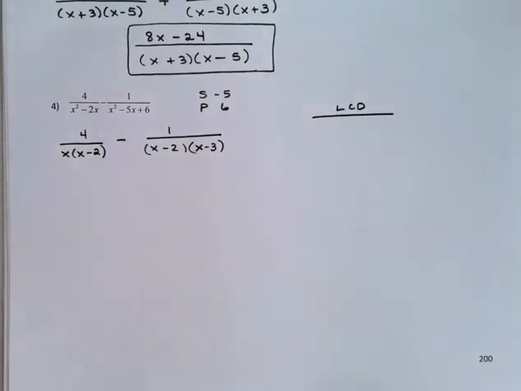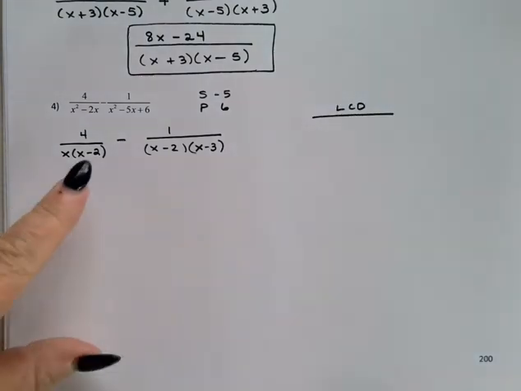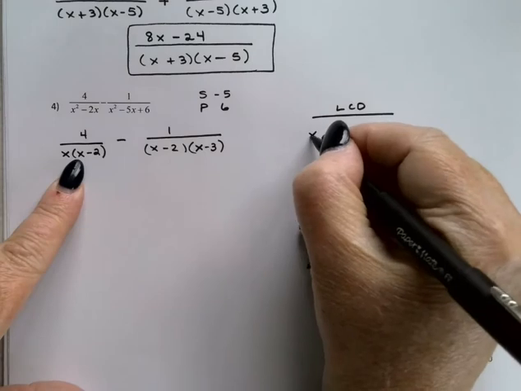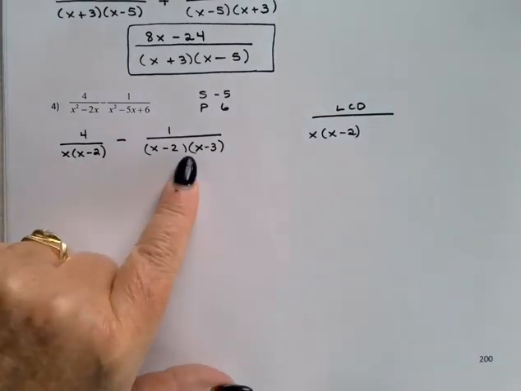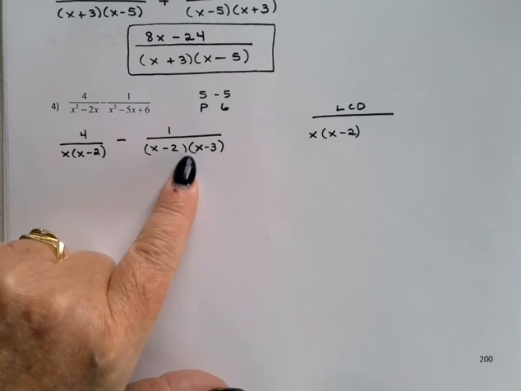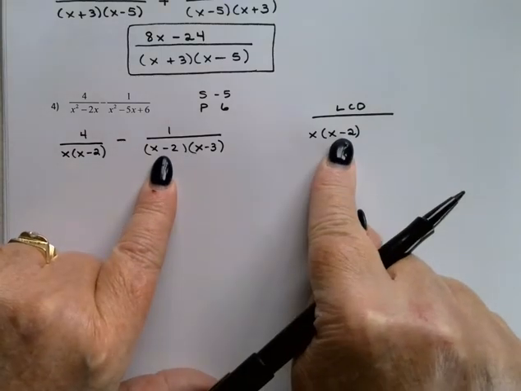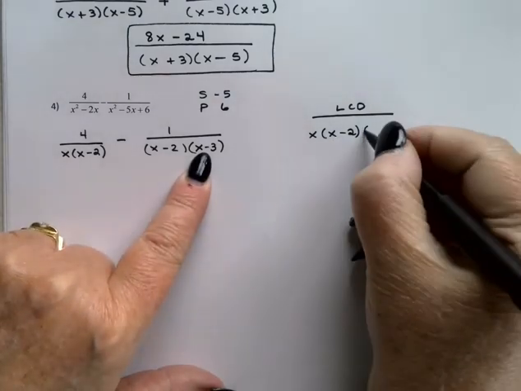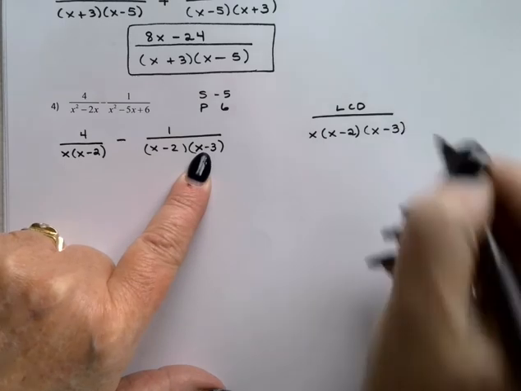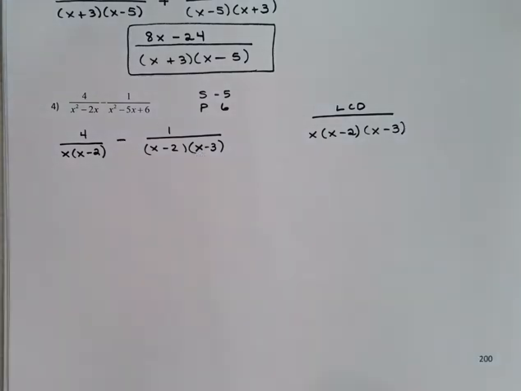All right, let's identify our LCD. I definitely need the entire first denominator. And then when I come over to the second one, if something's already there, I don't need it again. That x minus 2 is already in the LCD. But the x minus 3 is new. So I'll tack that on. And there's my LCD.